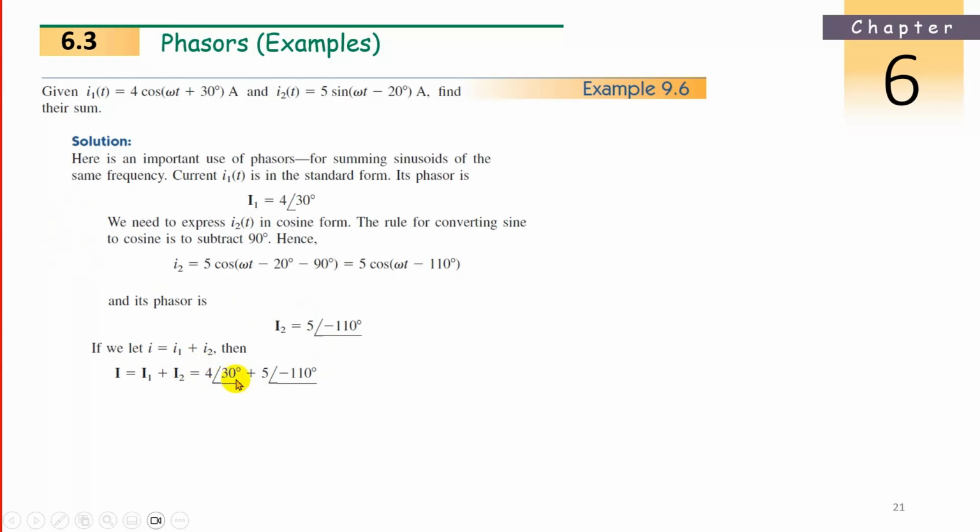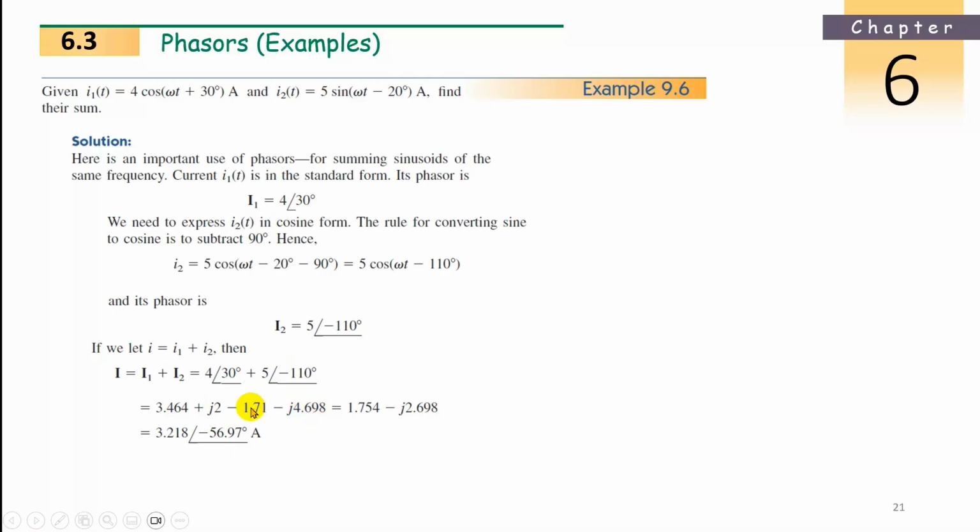So change into the rectangular form. If you change it to rectangular form, it is nothing but 4 cos 30 degrees plus j 4 sin 30 degrees. This becomes 3.464 plus j2. Same here, 5 cos minus 110 degrees plus j 5 sin minus 110 degrees.